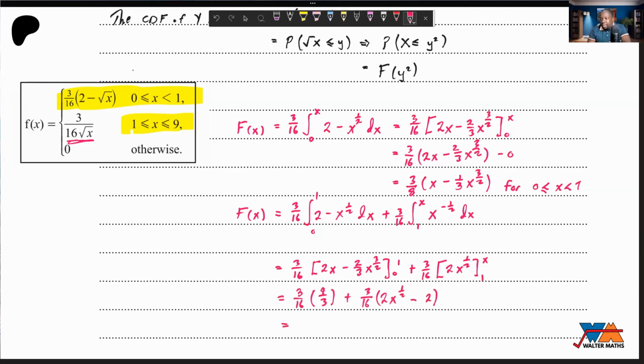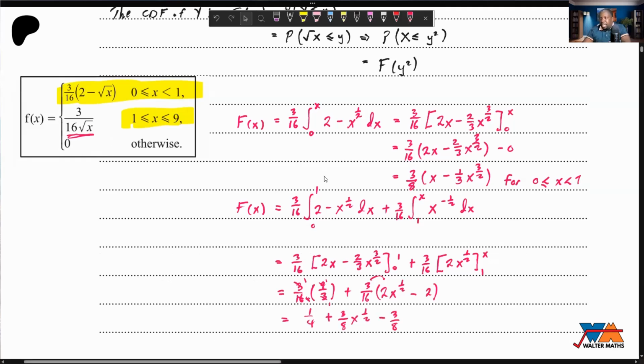So this simplifies to a quarter, plus, I'm going to multiply into the bracket here, 3/8 of x to the power of a half, minus 3/8.